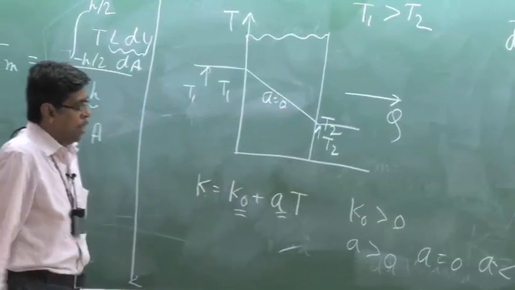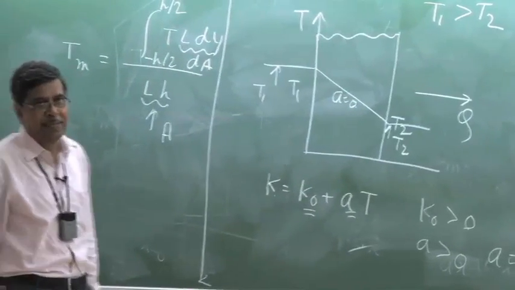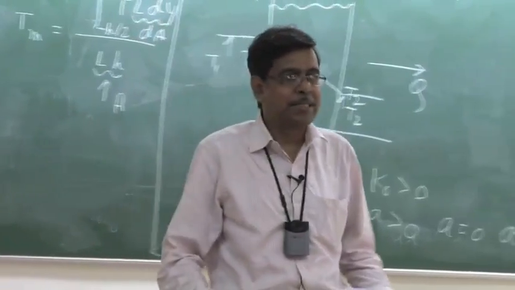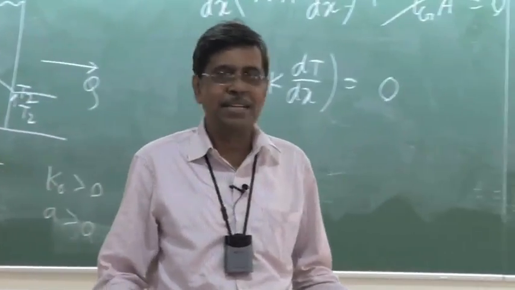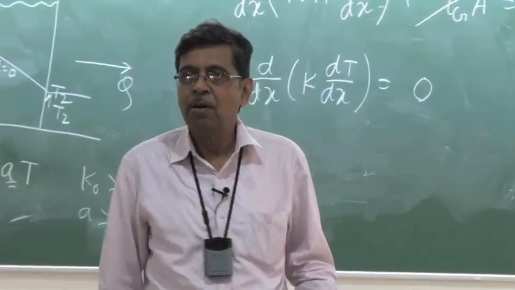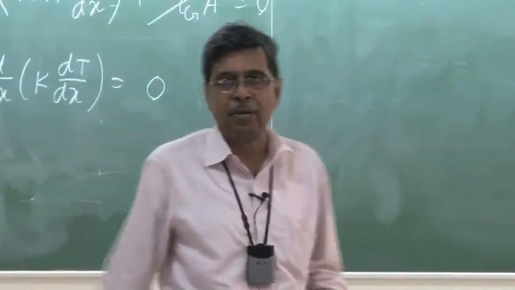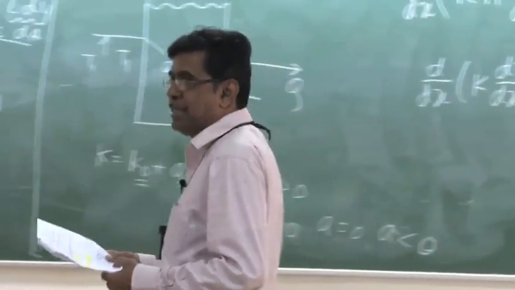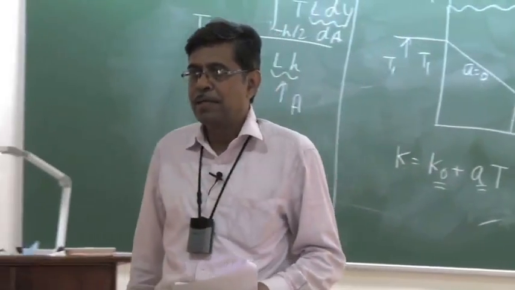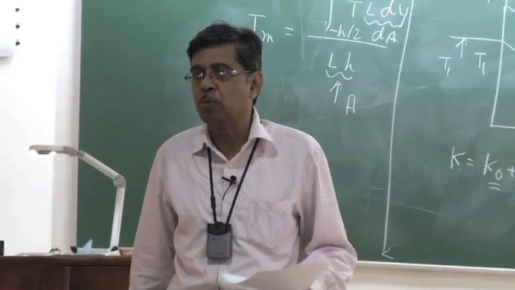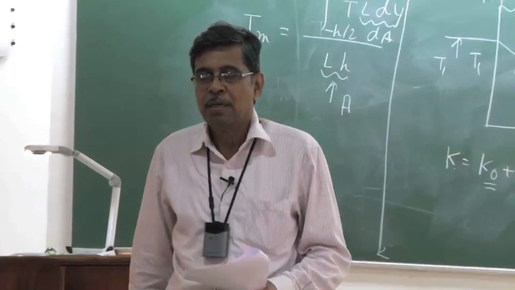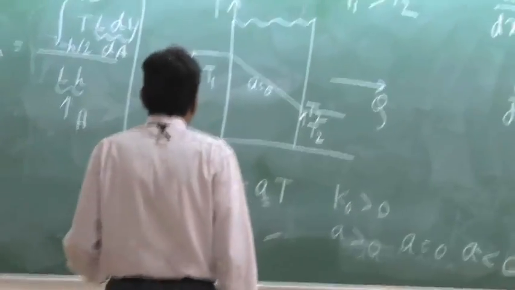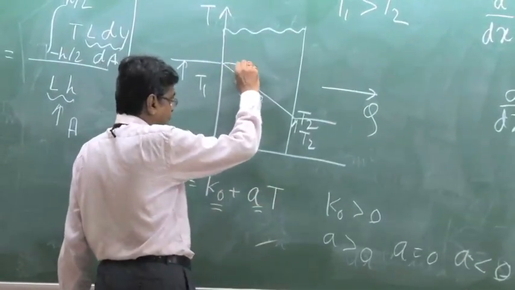But when A is less than or greater than 0, the very common first reaction is that it is nonlinear but with a negative slope. Obviously temperature will decrease. But the problem asks what is the nature of this profile, that means whether the slope will increase or decrease, because we can have two types of nonlinear profile.